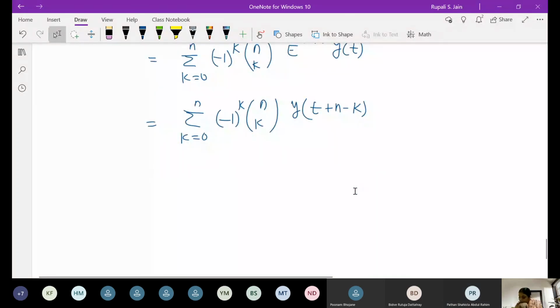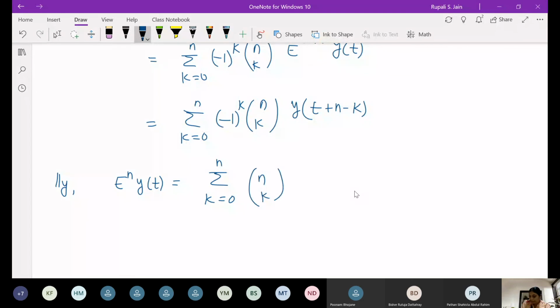So now similarly I can write e raised to n yt is nothing but summation k equal to 0 to n, nCk, delta raised to n minus k yt.